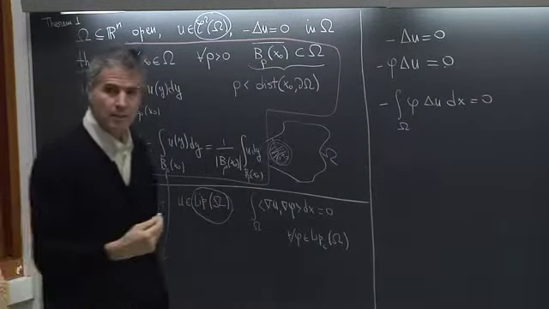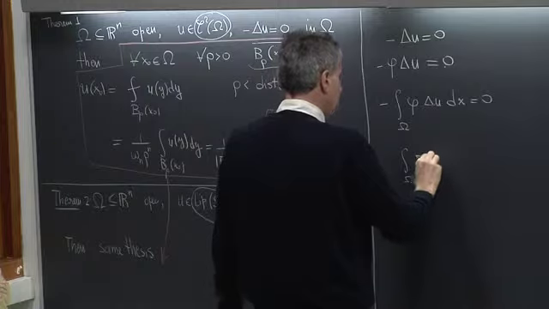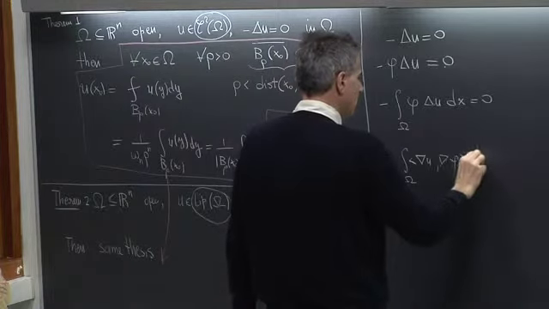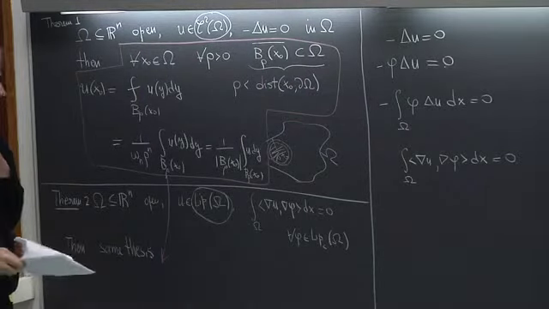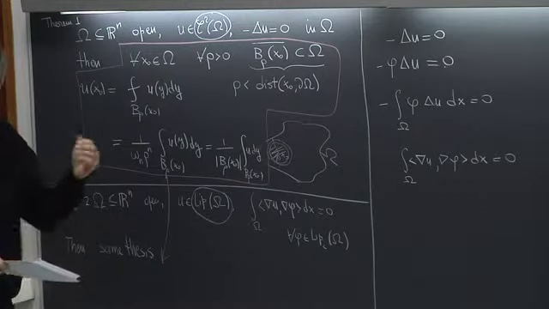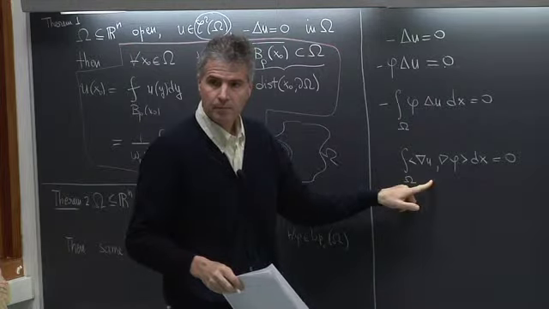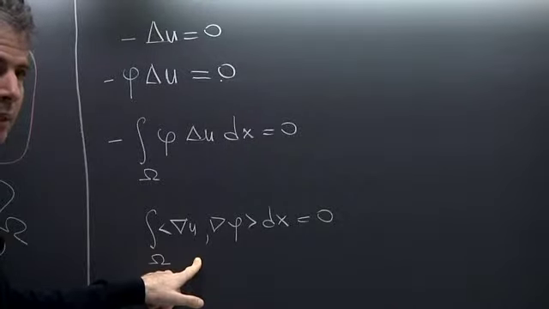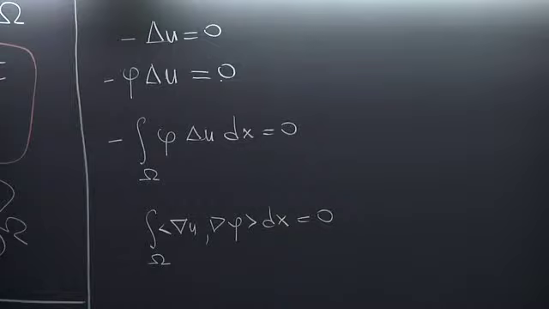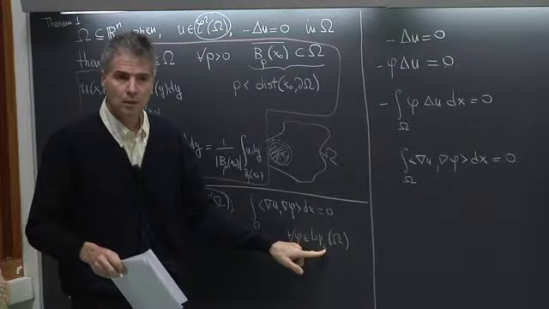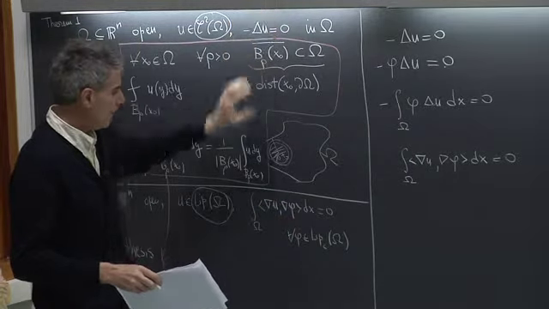Then if I integrate by parts, I end up with this equality here. Why are there no boundary terms? There are no boundary terms because phi has compact support. So this means that if this assumption holds, then this assumption holds.